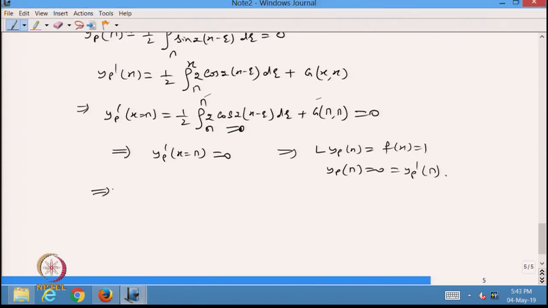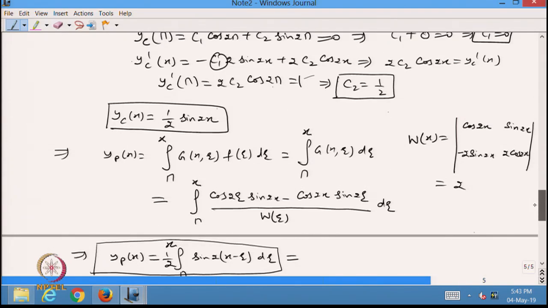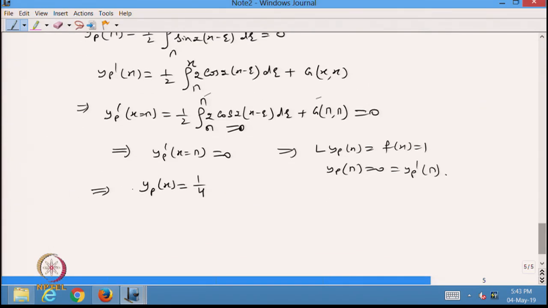Now if I solve the integral, I just want to take the integration of this one. So, from here my y_p(x) will be, in this case, 1 by 4 minus cos 2x by 4.